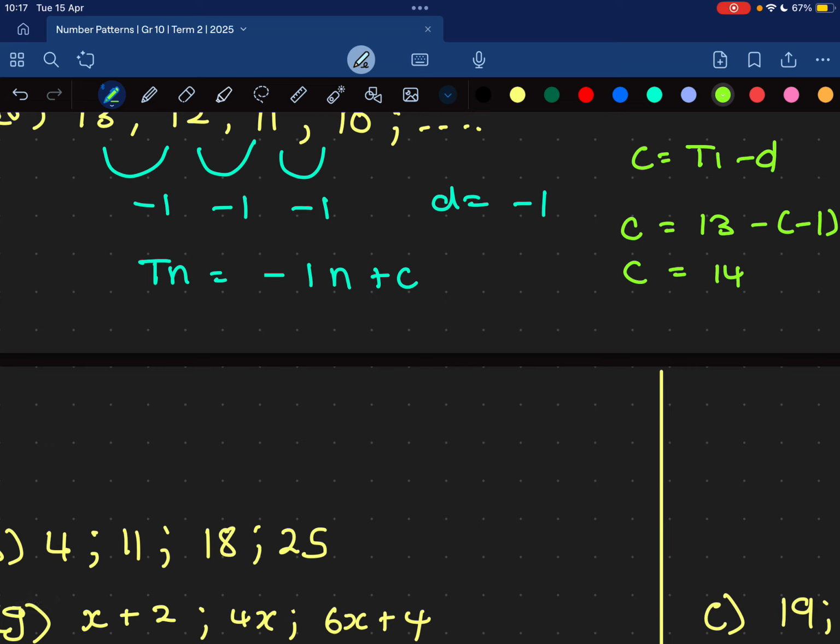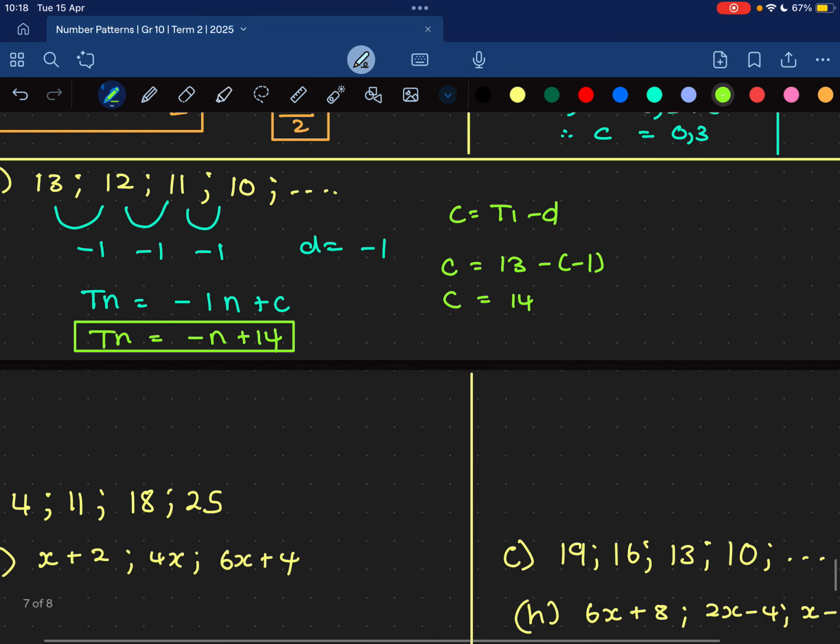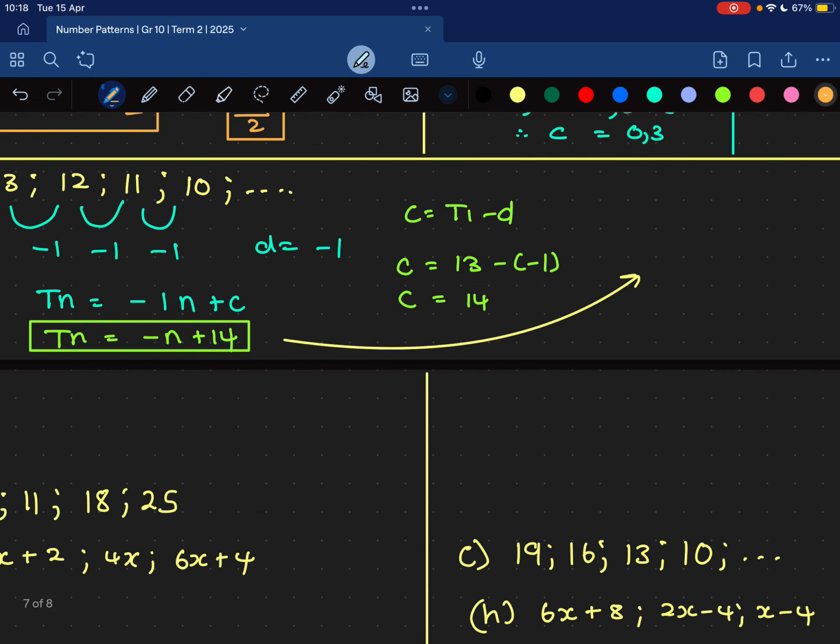So that means that Tn is equal to negative n plus 14. Remember we don't say negative 1n in the final answer because that's just not how we do it. Like we don't say 1x, we just say x because we know that there's a 1 in front of it. Okay, then T100 is going to be equal to negative 100 plus 14, which is just negative 86.